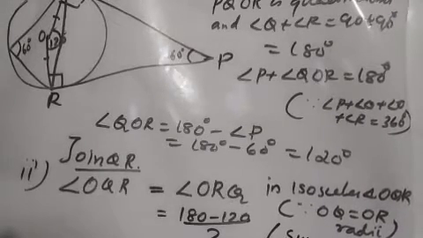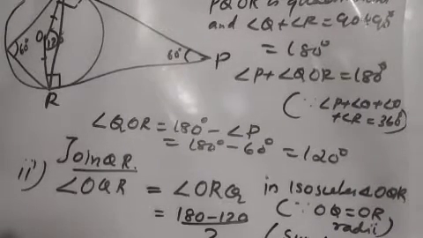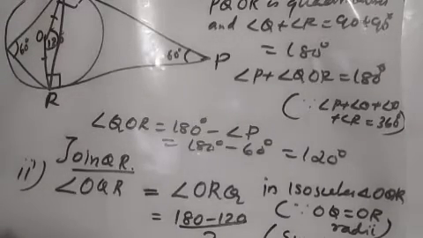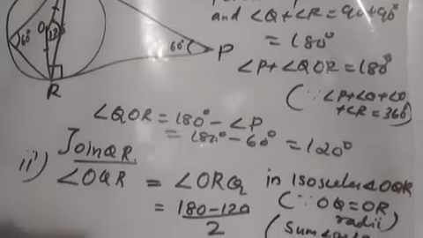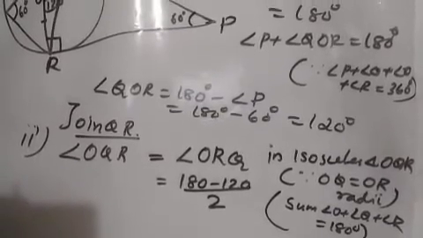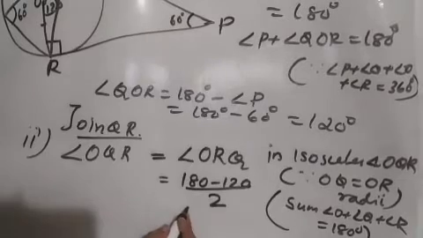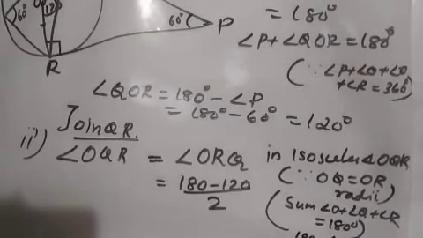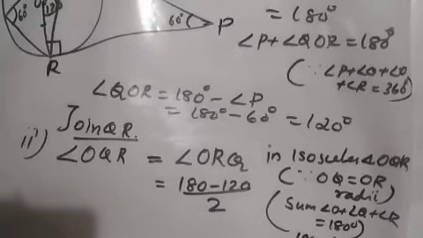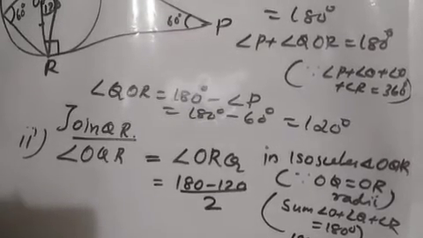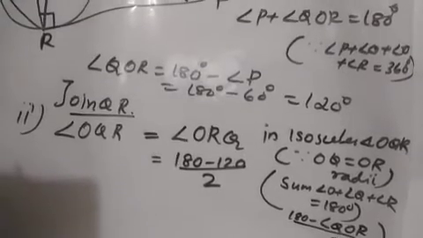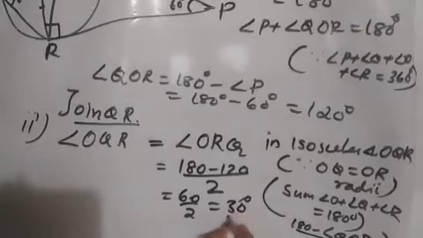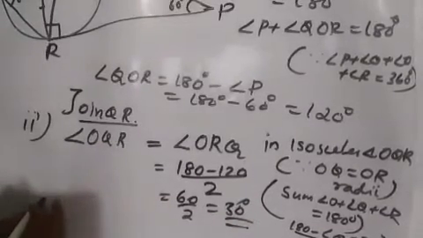Angle sum property: angle O plus angle Q plus angle R in the triangle is 180 degrees, and the other two are equal also. That's why subtract the angle. That is 180 minus angle QOR divided by 2. That is 60 by 2, 30 degrees each. So the second part is 30 degrees.